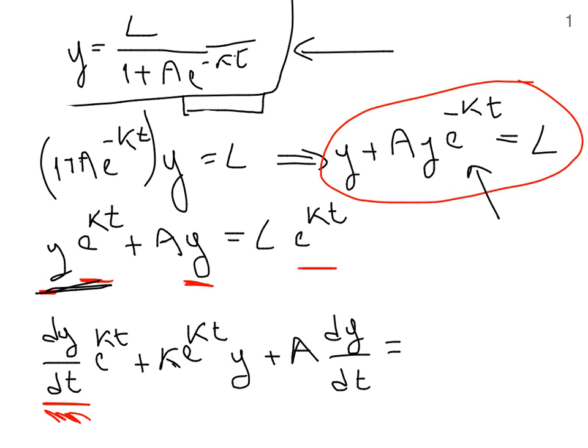And this is equal to L k e to the kt. Okay, where are we? What we are interested in is dy over dt. This is the final result that we want to get.